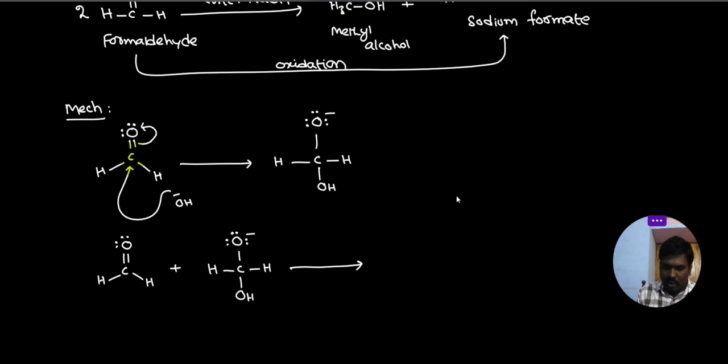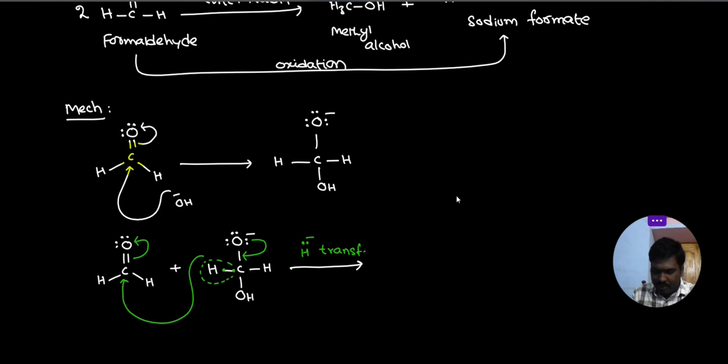Now the non-bonded electrons are involved in pi bond formation. Hydrogen moves along with its bond pair electrons, and that can attack the adjacent electrophilic carbon. So here the hydride ion is transferred from one molecule to the other molecule, that's why it is the hydride ion transfer step. It is a slow step.